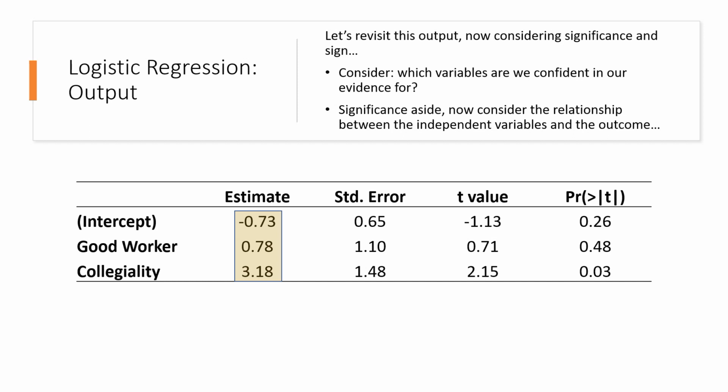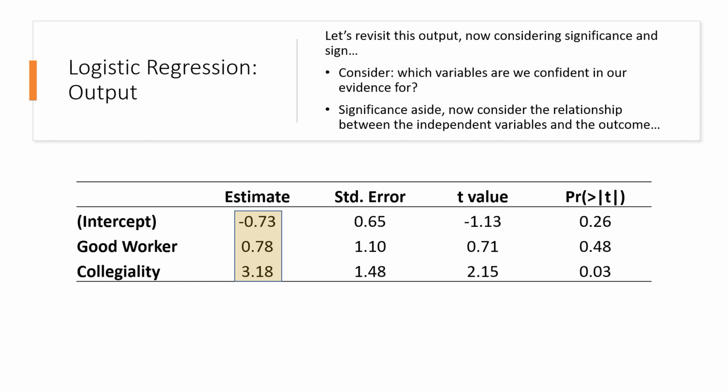Sign for good worker. Good worker is 1 for good workers and 0 for bad. So when I go from 0 to 1, that is, I increase, become a good worker in comparison to not good workers, my probability of turning in work on time is increased. That's the sign here. Positive sign, higher likelihood of being a 1 in the dependent variable, that's turning in my work on time, when there's an increase in the independent variable.